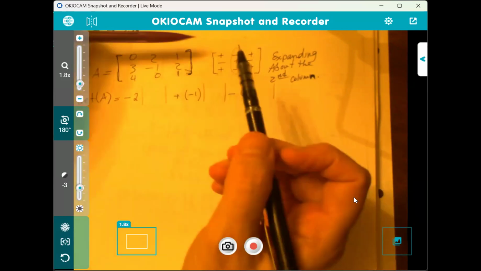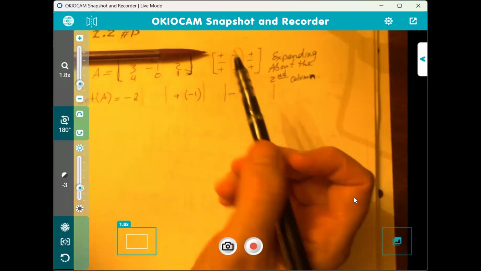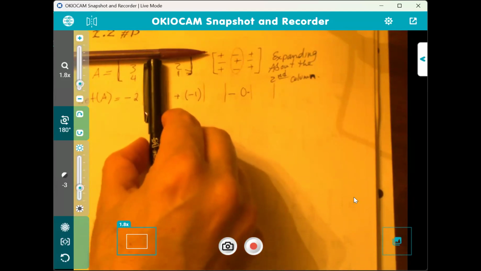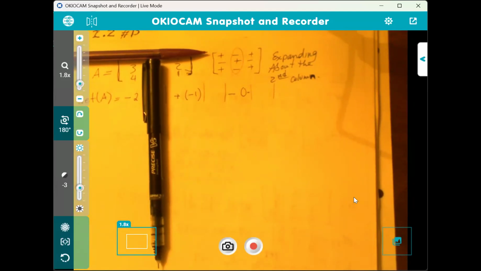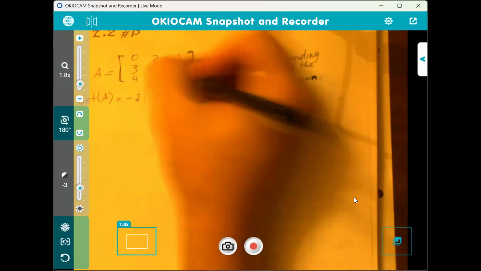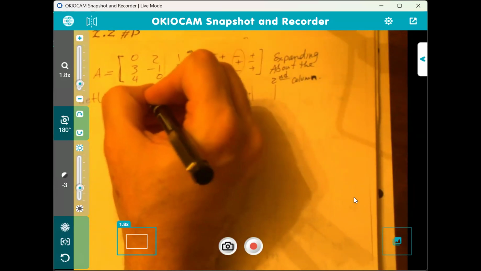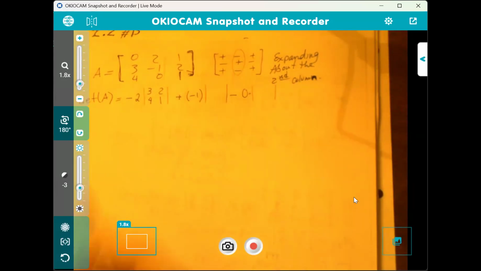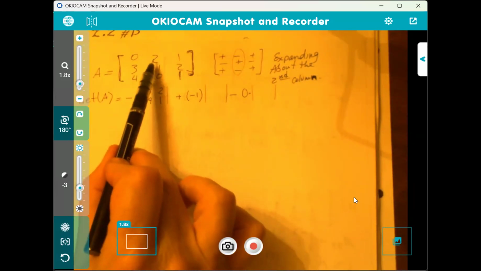The first row, there you go, is gone. Delete it, and you delete the second column, right? So you delete the first row, delete the second column. The remaining elements are 3, 4, 2, 1. Okay, so I'm going to write those. 3, 4, and then 2, 1. There you go. That's the minor of 2 in that position.